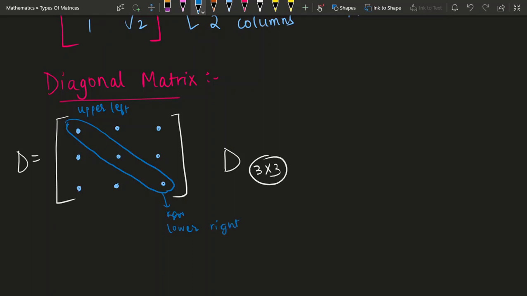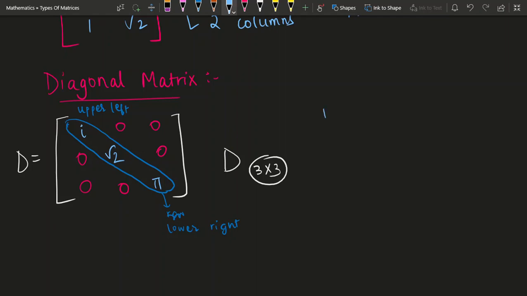For a diagonal matrix, only these entries can be non-zero, and all other entries are just equal to 0. You could put in any numbers here you want, so there could be i, root 2, pi, and that's just a diagonal matrix.